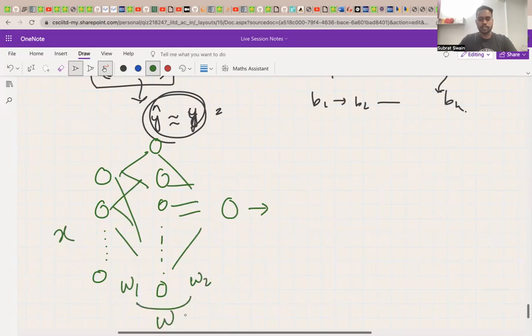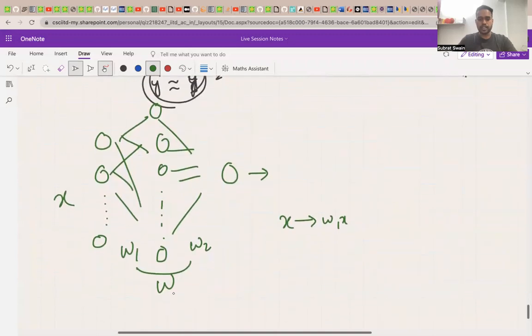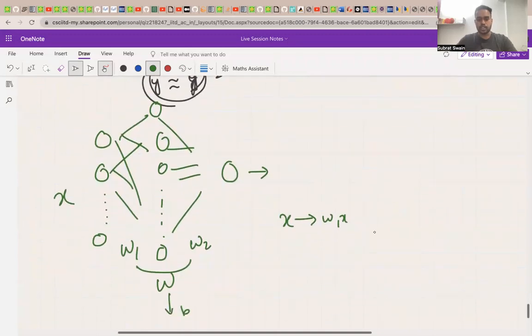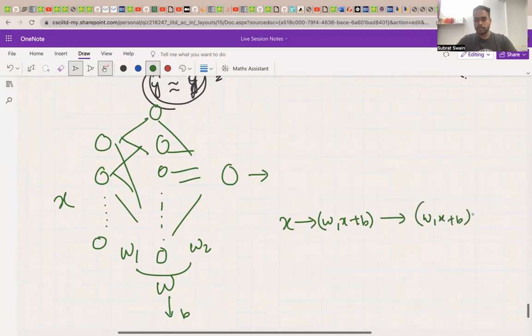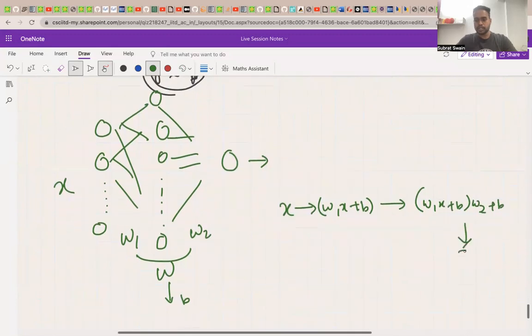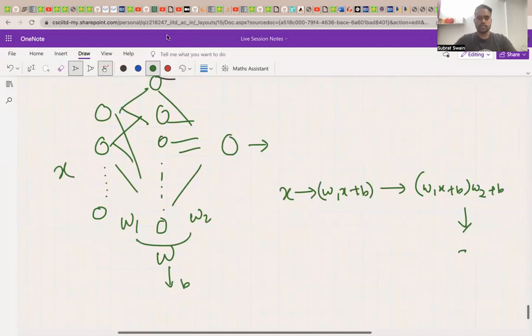You can entirely call this W. You get W and X, you add a bias plus B, then again pass this through W2 plus B. So this is your Z now.